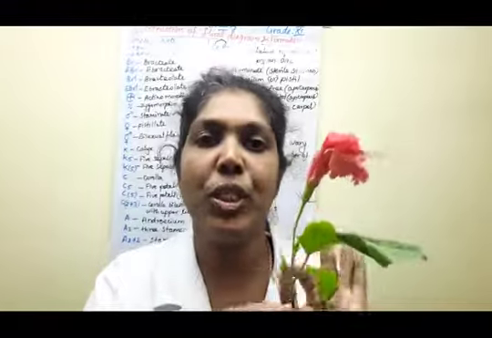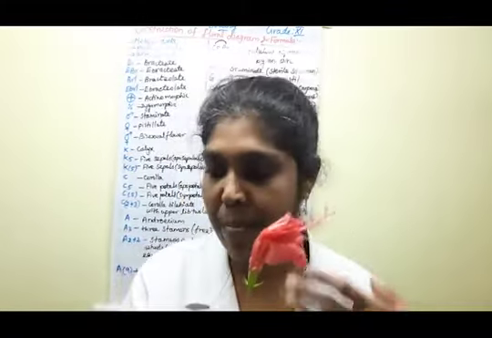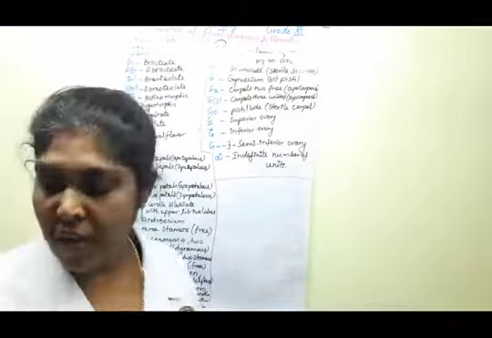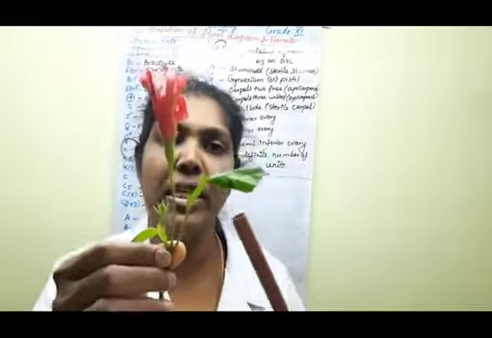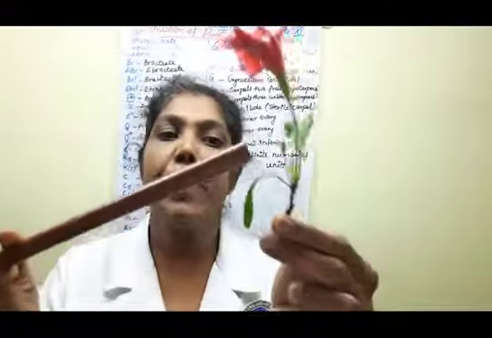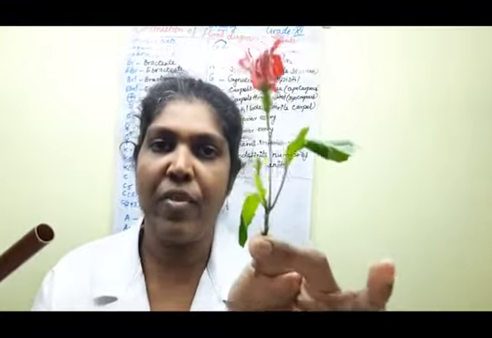Next we are going to learn, one by one, how to write the floral formula, or floral denomination. Okay, let us learn it one by one. First, if we look at this flower, we identify the bract of the flower.